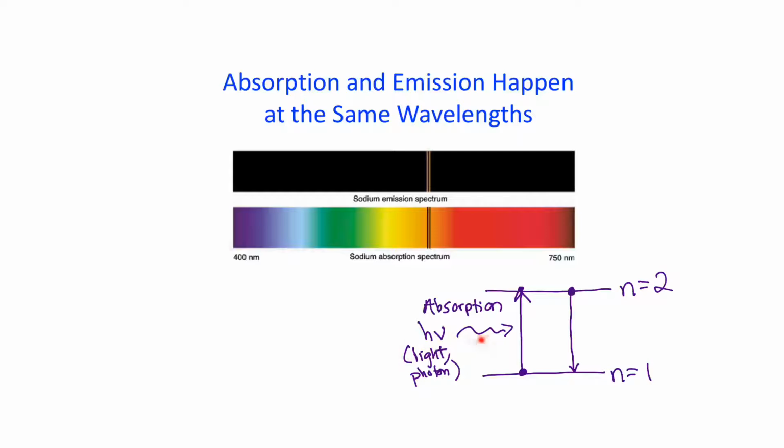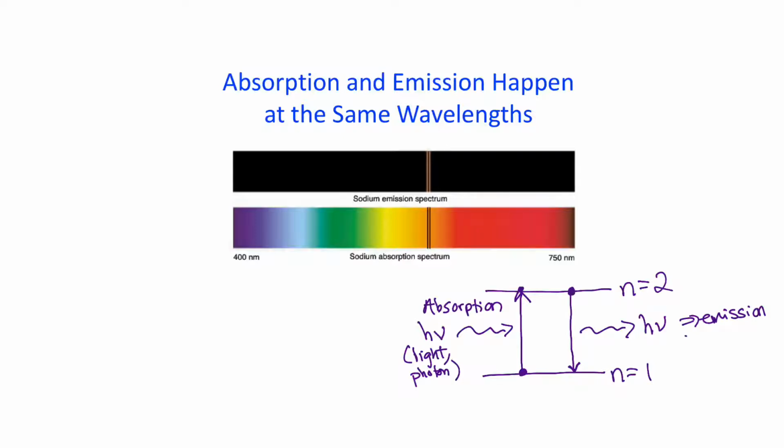We put this H nu of energy in, bumped up here, and then once that electron decides it's time to relax back down, it has to get rid of that same amount of energy. We can draw that with another squiggly arrow that says we're giving off some light. This is our emission process. The down arrow is what would be our emission process.